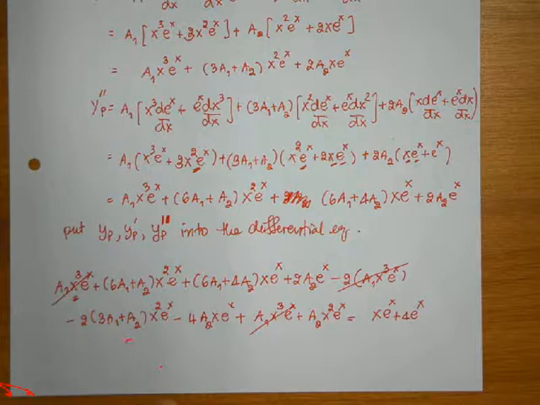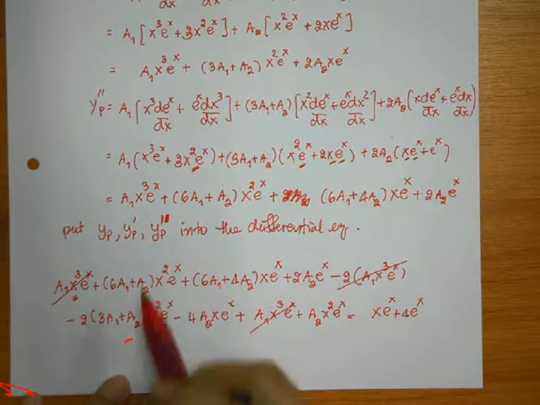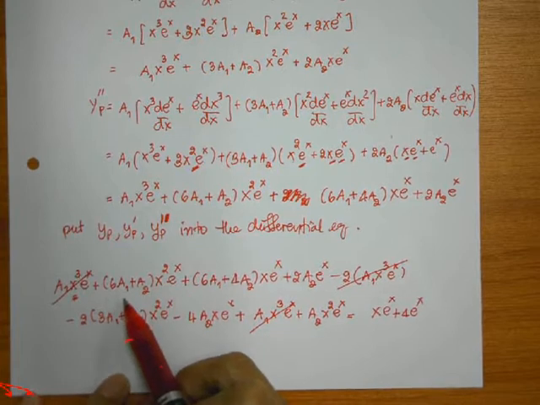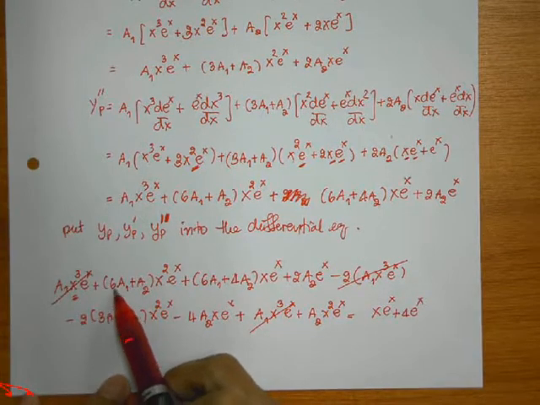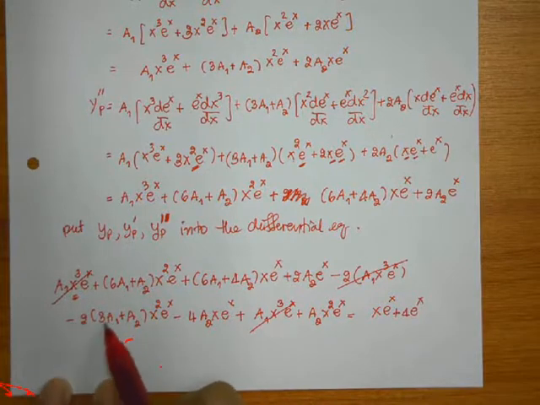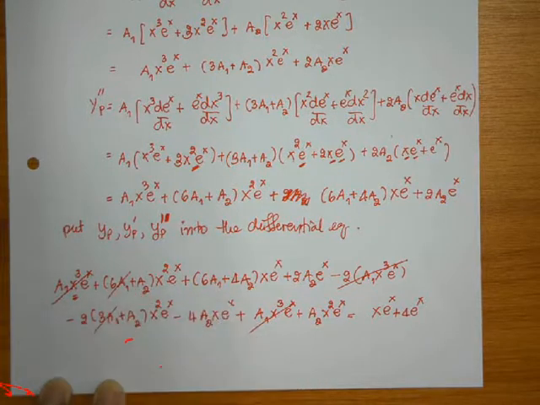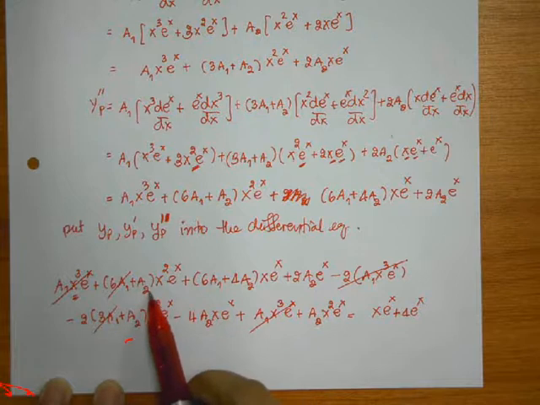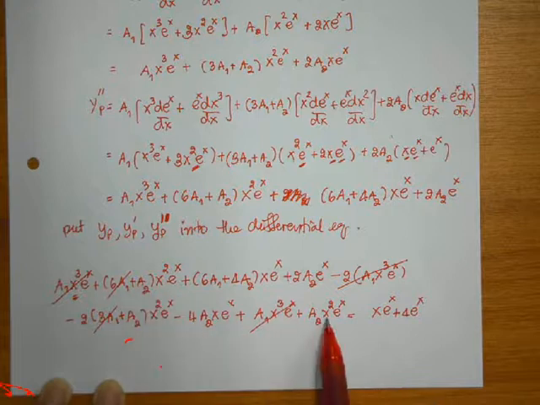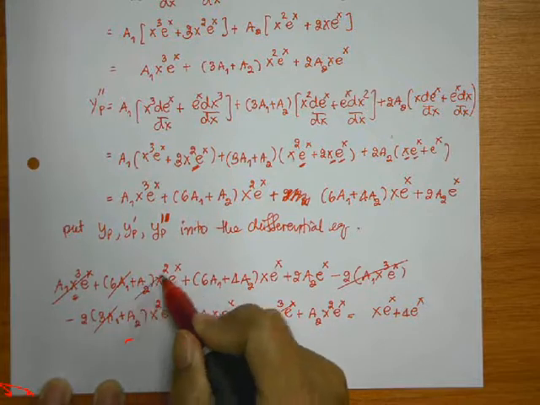And next, if you look at the term of x squared times exponential of x, take a look at the coefficient a1. You get 6a1 here and minus 6a1 here, cancel out. This one a2, you got 2a2, this one minus 2a2, cancel out.